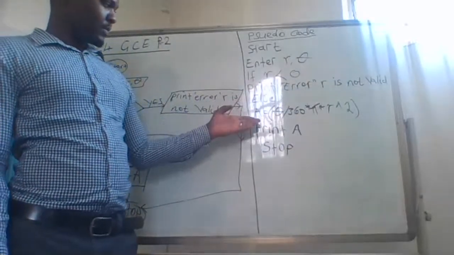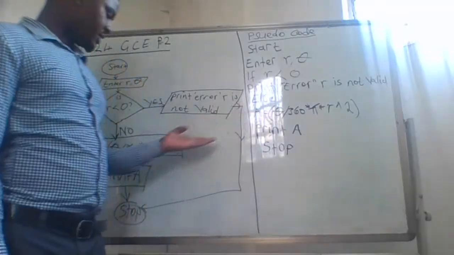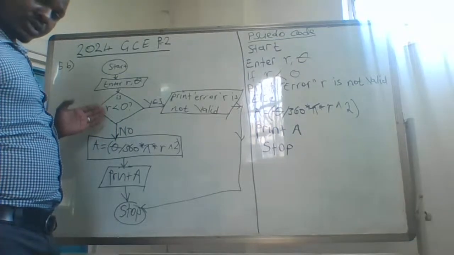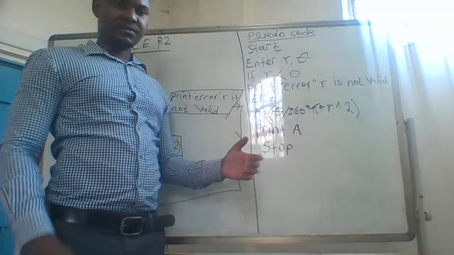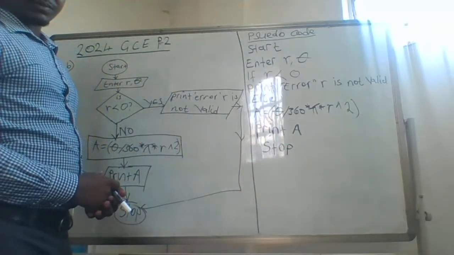Else, A which is the area, and that is the part on the no part on the flowchart, sorry. And then after that, you say print A. Then finally, you end the process.